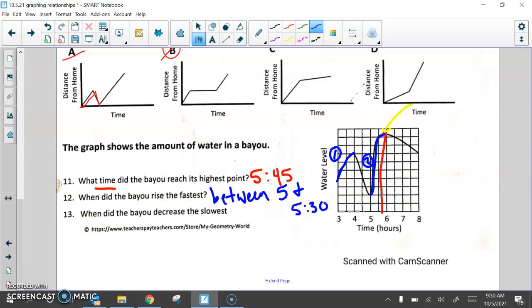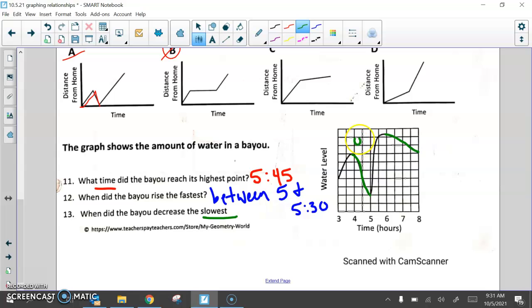And then when did the bayou decrease the slowest? So now we're looking at where it's decreasing on the graph. So it's decreasing right there. And it's also decreasing right there. So out of those two, which is decreasing the slowest, that means I don't want a steep hill.